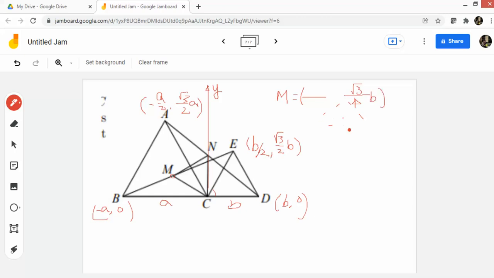This one is supposed to be 1, also divided by 2. Divided by 2 is B minus 2A. Yeah, like this, right? This plus this, up to 2A, divided by 2. Okay, this one like this, right?